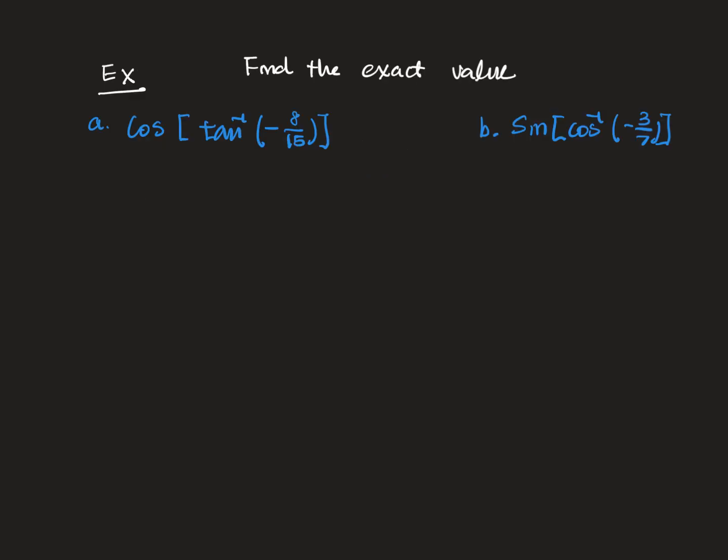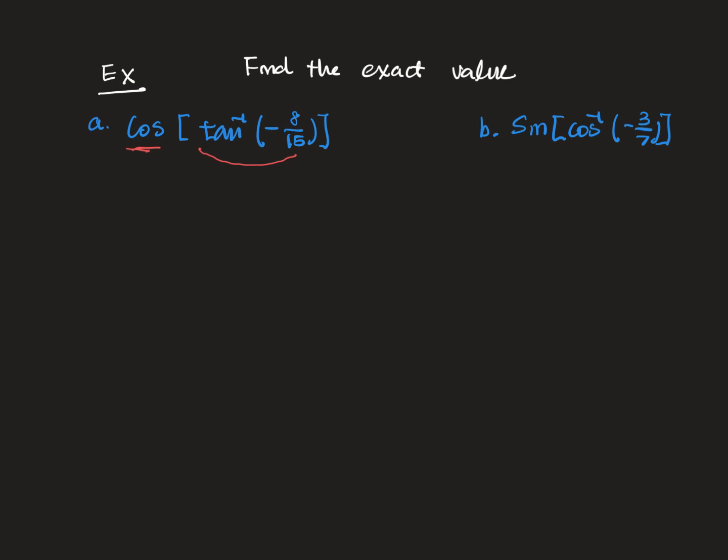So another example here, guys. Now we have a composite of inverse trigonometric and trigonometric functions. How are we going to find this value when you see this one? Inside the bracket is arctangent, outside is cosine. Which one do you have to do first? The bracket inside, right?